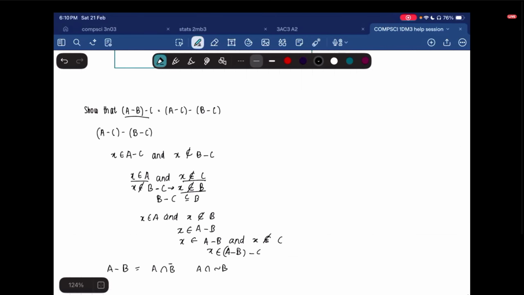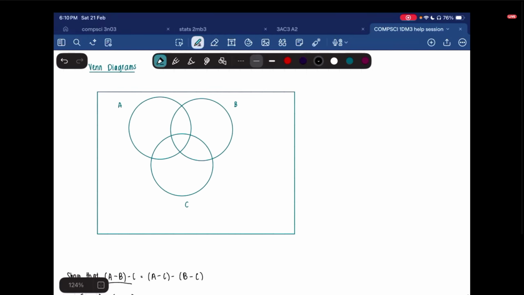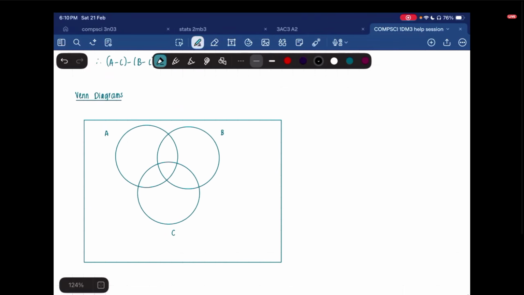The second question was about Venn diagrams, and let me pull up the question. Okay, so it was A intersect (B minus C). B minus C tells me that it's B intersect with C complement.